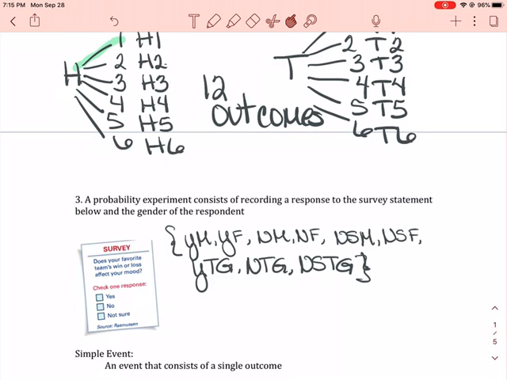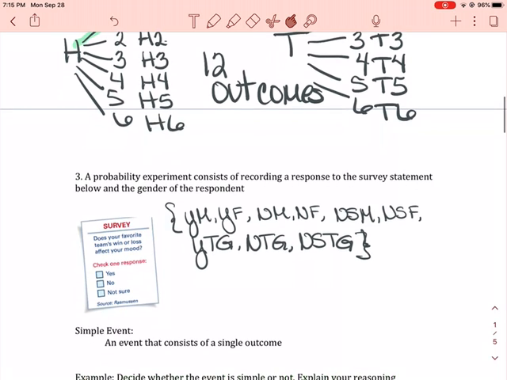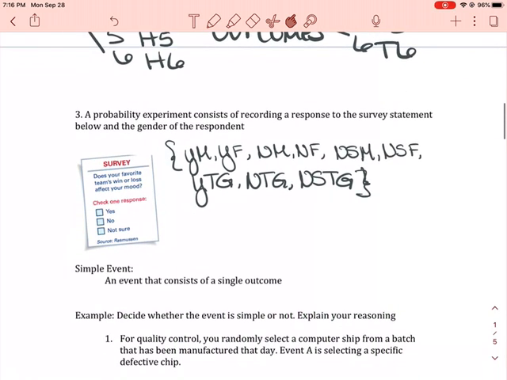And depending on your thought on gender, I have yes male, yes female, no male, no female, not sure male, not sure female, yes transgender, no transgender, and not sure transgender. Now, I am sure there are more thoughts on gender, so if you have others, please let me know, and we can discuss that in class. I think this is one we're going to discuss in class.